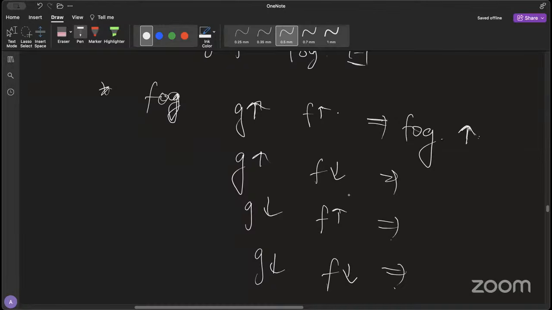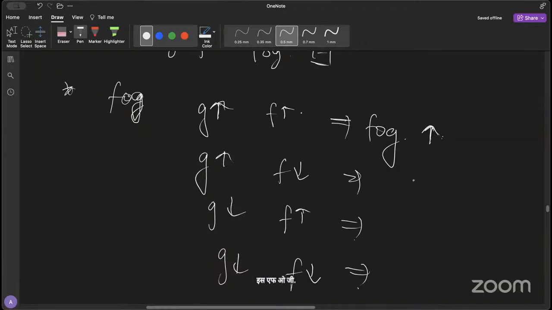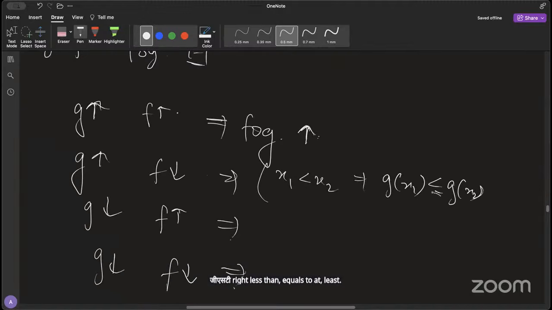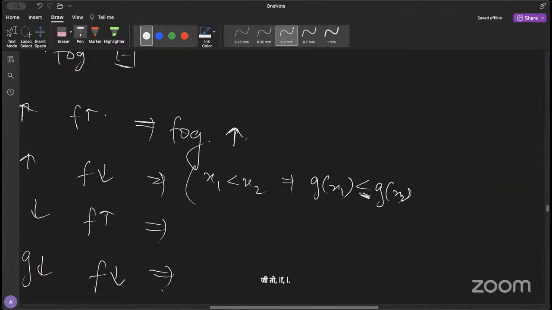If g is an increasing function, let's do this from here. Let's say x1 is less than x2 and g is an increasing function, this implies g(x1) is less than or equal to g(x2), at least. Now if they are different, then it's fine. If gx1 and gx2 are the same, let's ignore this one because it's making things complicated.